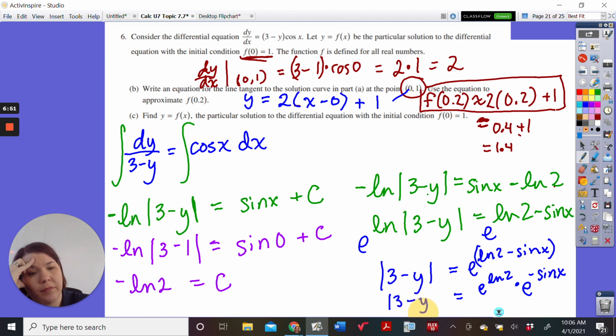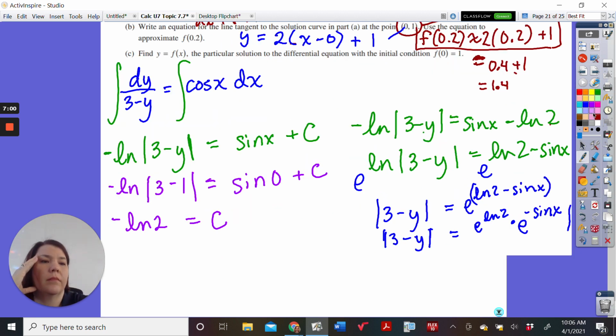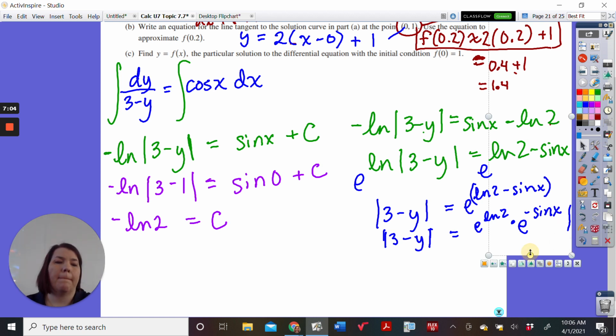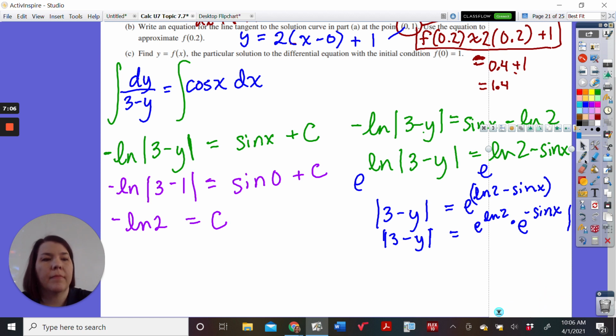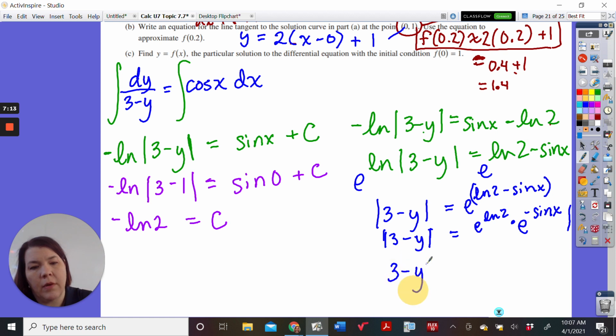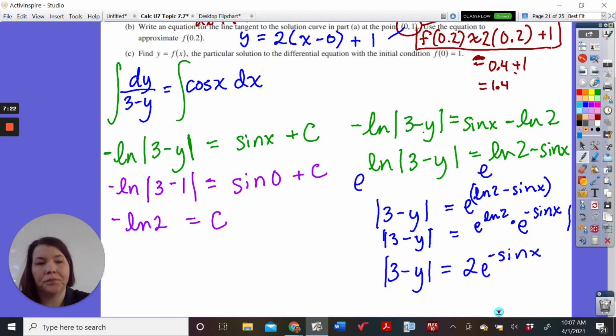So 3 minus y, absolute value, equals 2 e negative sine x, because e to the ln2 is just 2.